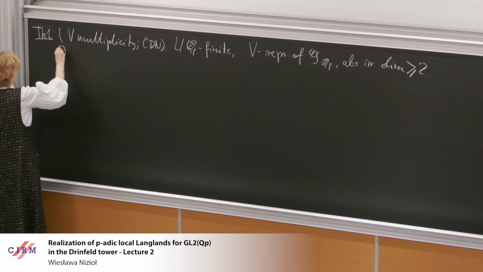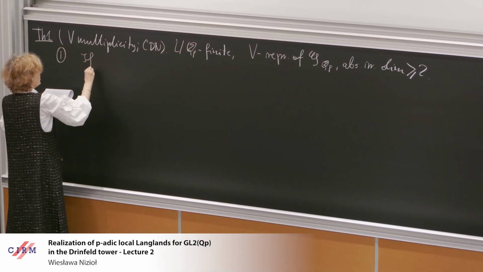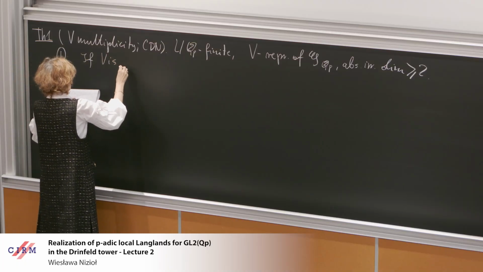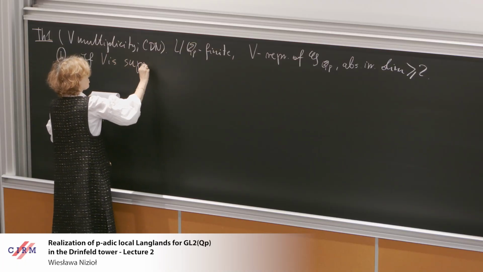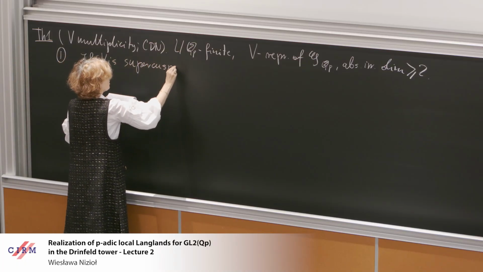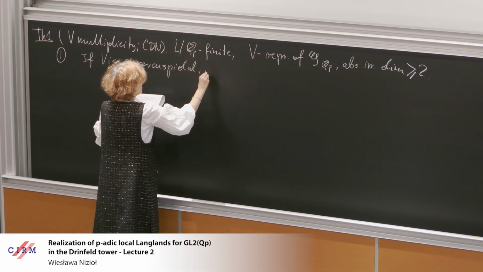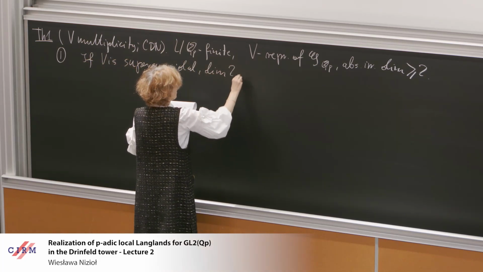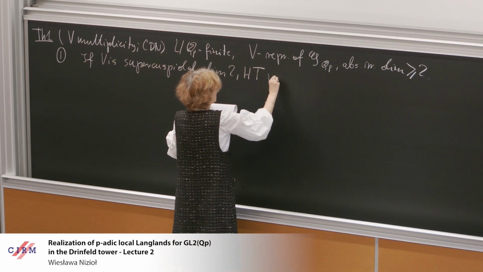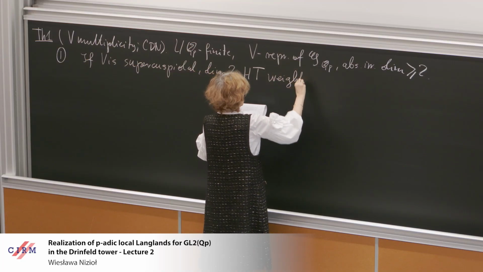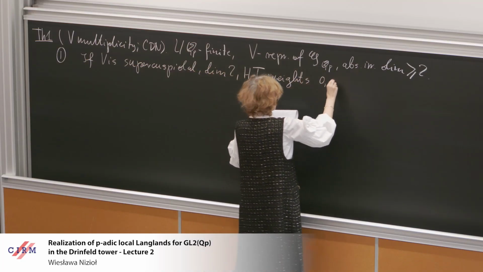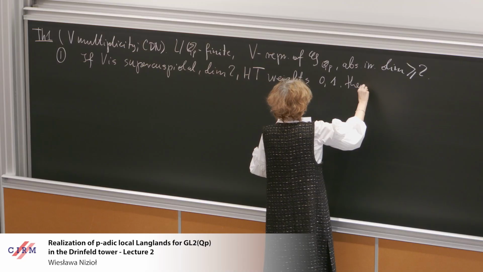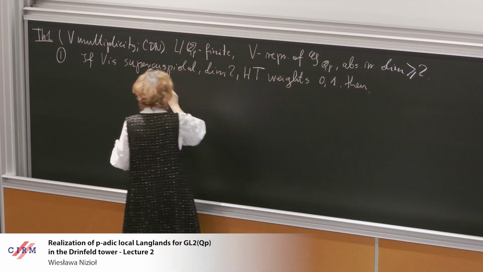So let me state this in this way. If V is, and I will explain what these things mean, supercuspidal, dimension 2, Hodge-Tate weights 0, 1, then you have the multiplicity you would expect.